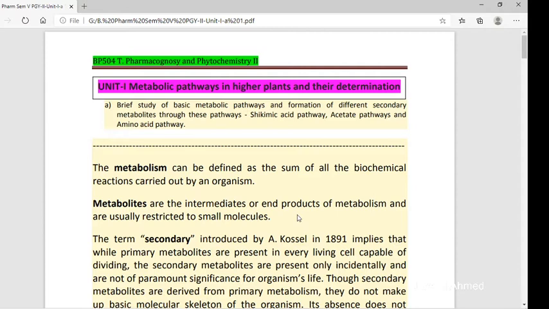In biochemistry, these are the intermediates or end products of metabolism. Means metabolites are the intermediates or end products of metabolism. The term metabolite is usually used for small molecules only.